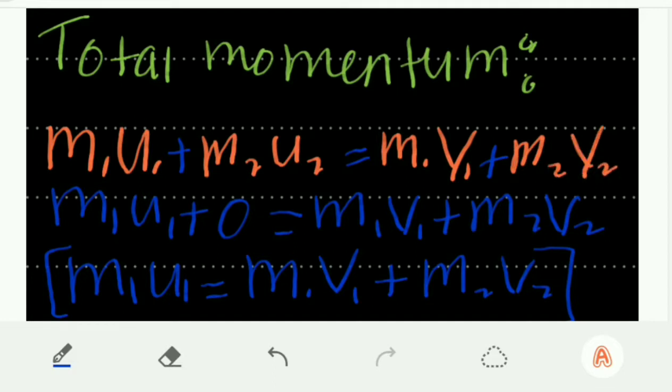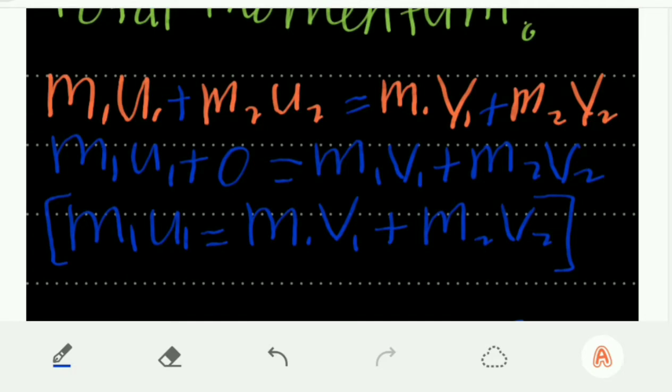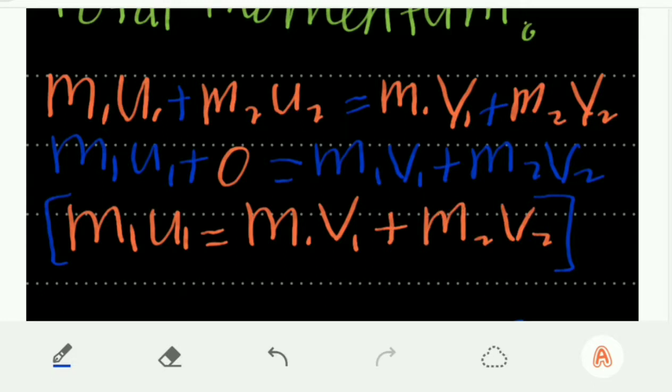But we know that the initial momentum of the block is 0. Therefore we remain with the initial momentum of the bullet equals final momentum of the bullet plus final momentum of the block.